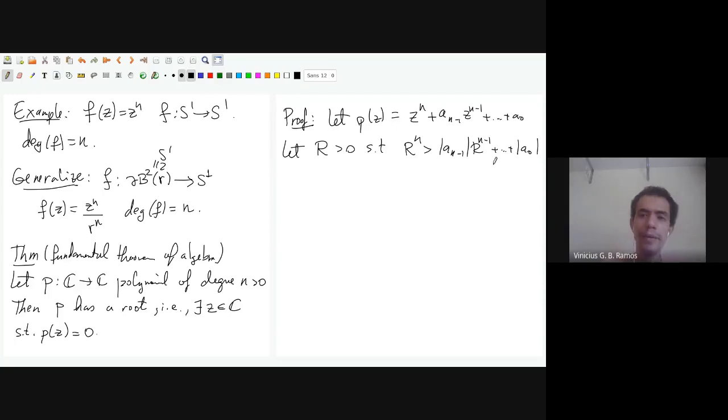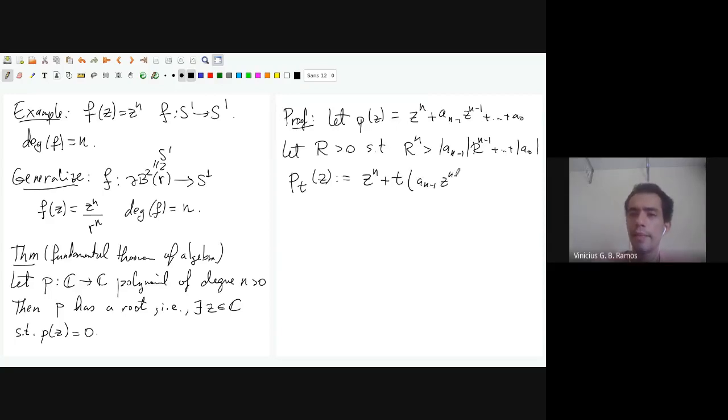Okay? And why do I want that? Because now I want a homotopy from this polynomial to the polynomial z to the n, but just restricted to, so let me write, now I'm going to write pt of z, this is a polynomial with a parameter t, and this is just z to the n plus t times the rest of the polynomial.